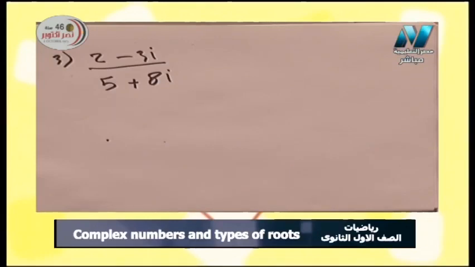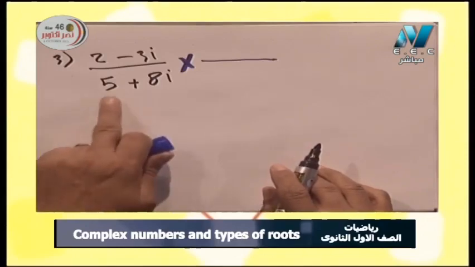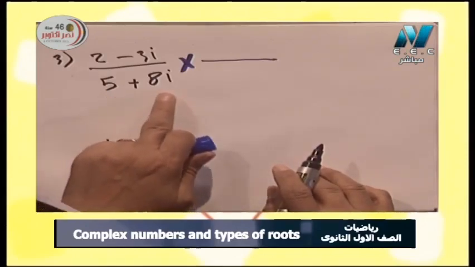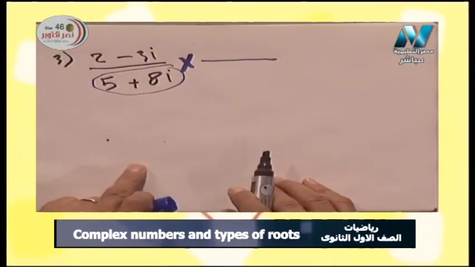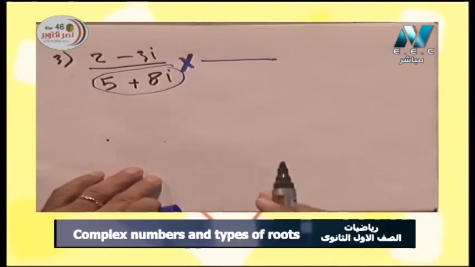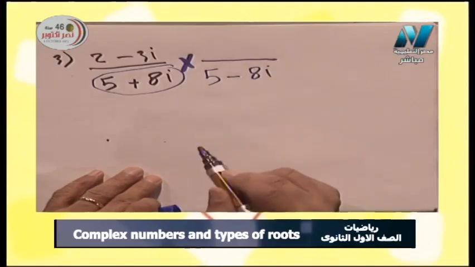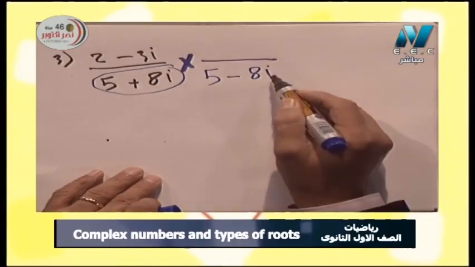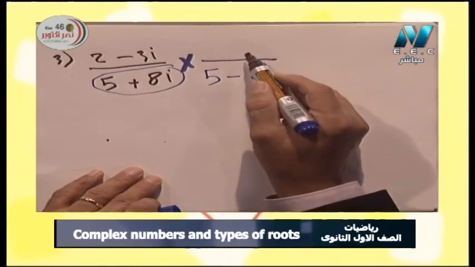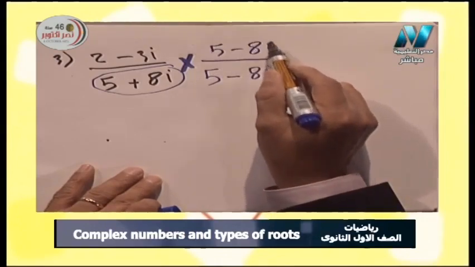We multiply numerator and denominator by the conjugate of the denominator. 5 plus 8i is the denominator here. Try to find out the conjugate of 5 plus 8i. The conjugate will be 5 minus 8i. And we must multiply the numerator and denominator by the same number, which is 5 minus 8i.